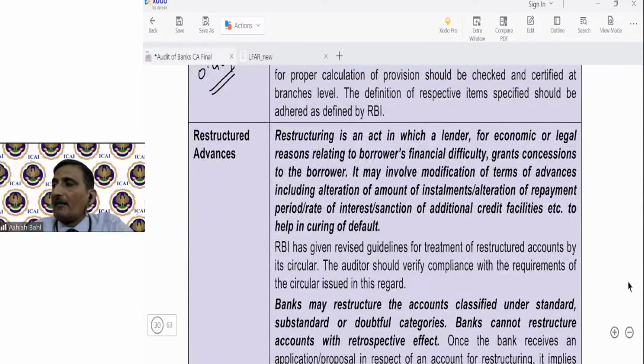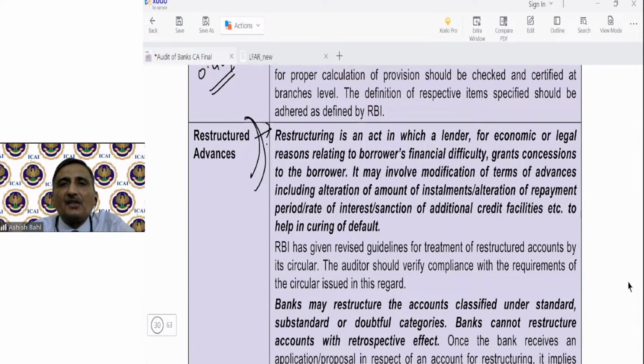Now restructured advances. What are restructured advances? Say the borrower is not able to pay the loan, but otherwise the business is functioning well, but due to some temporary issues in the business, the borrower is not able to service its commitment to the bank.